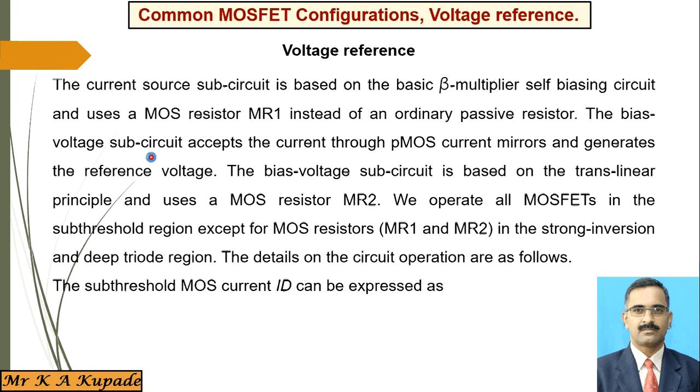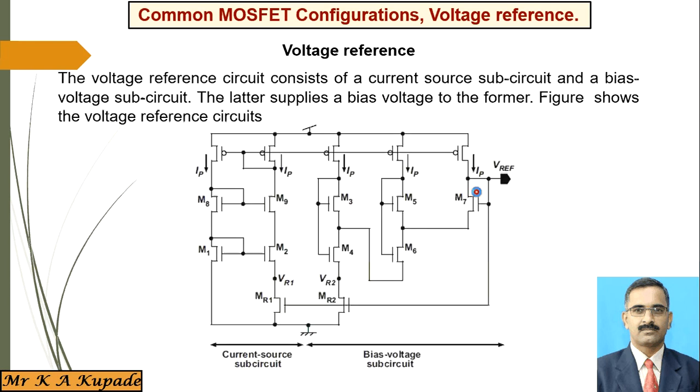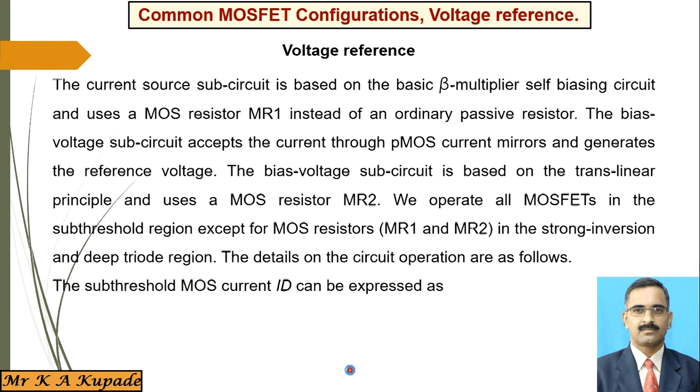The second part, the bias voltage circuit, accepts the current through the PMOS current mirrors and generates the reference voltage, right? That means it accepts this bias voltage and generates this voltage reference. Now see here. The bias voltage sub-circuit is based on the translinear principle and uses the MOS resistor MR2.